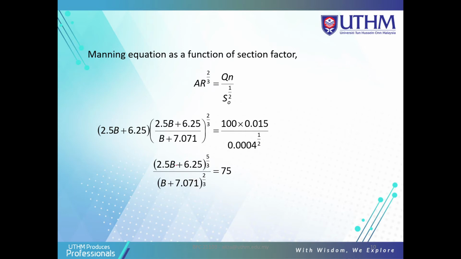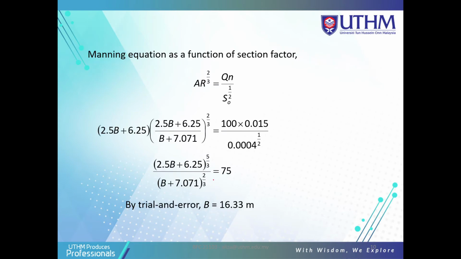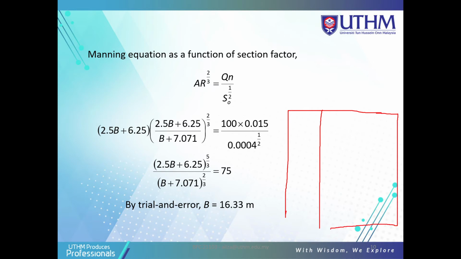So in terms of b, you can also use trial and error. If you use trial and error, you just draw the table here, as when you want to find the y naught. So you can also use trial and error to find the bottom width.